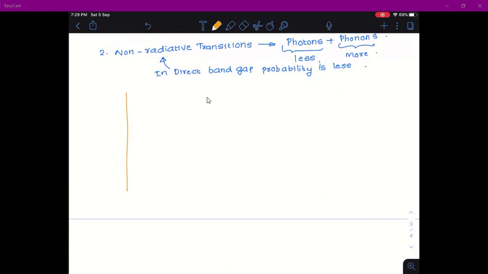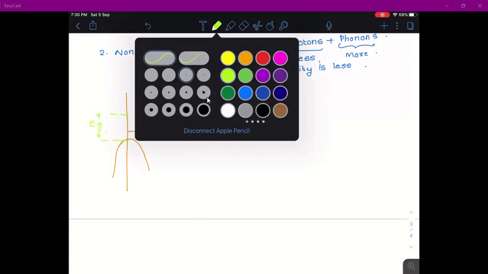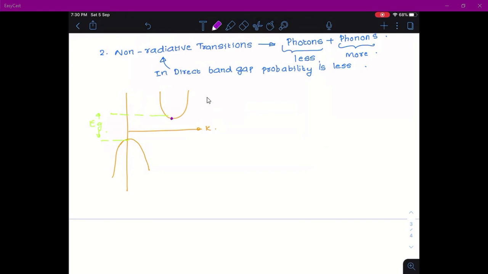In your E-K diagram you have the direct band gap, indirect band gap, conduction band and valence band. This is K, okay, and this is your band gap with energy Eg, and if the electron jumps from the bottom of this to the top of this, this is basically just what we have said, okay.